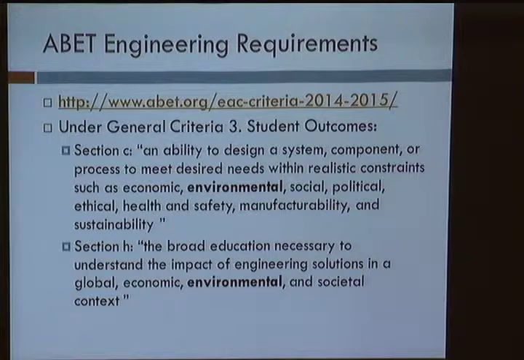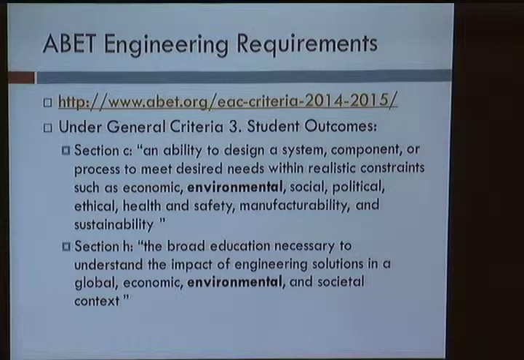And if you look at the general student outcomes for all engineering programs, there's a criterion that students are able to design a system to meet desired needs within realistic constraints. And then they list about 10 of them, one of which is environmental, but also economic, social, ethical, lots of really reasonable, realistic constraints.